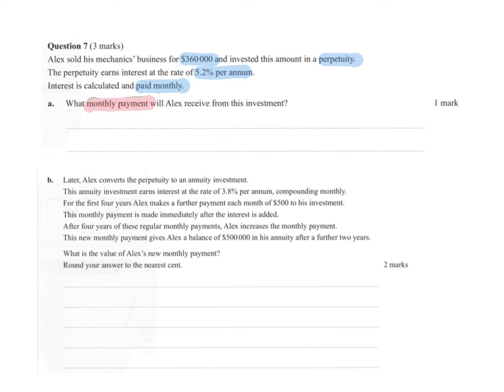So this is the question here. If we go through, this is my negative PV and also my positive FV because it's a perpetuity. This told me the I, and this told me the PPY was 12. So if we wrote them all out, I'll just do it across this way. Remember, in a perpetuity we can have 1. Okay, so the interest rate is 5.2%.